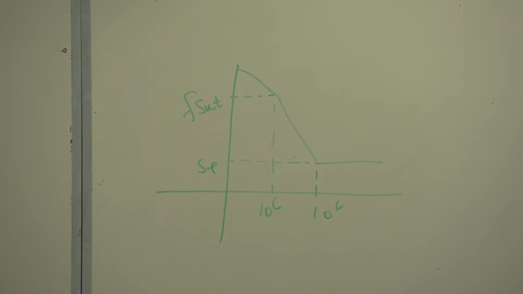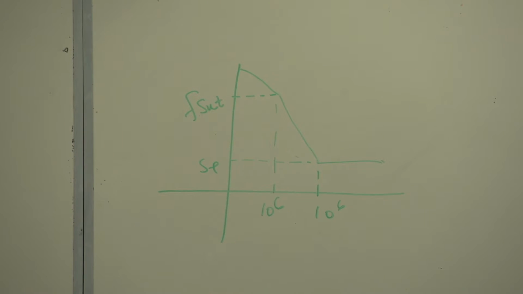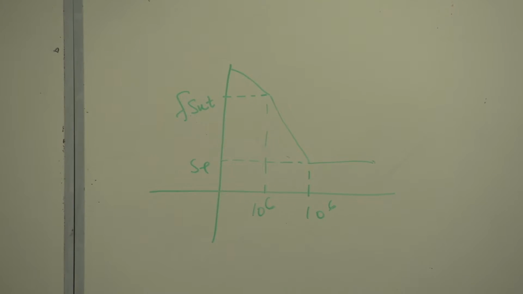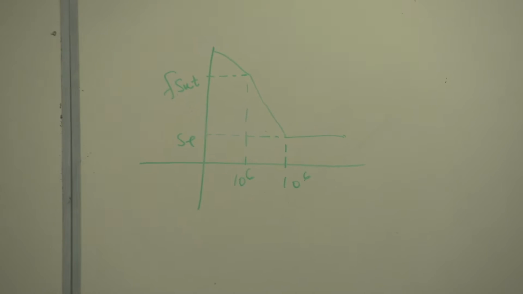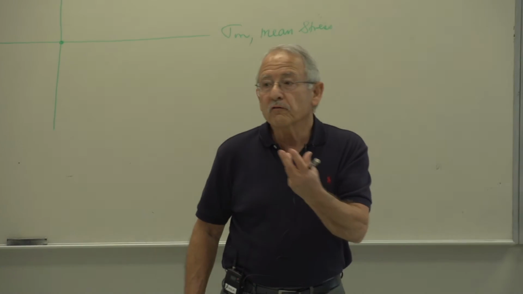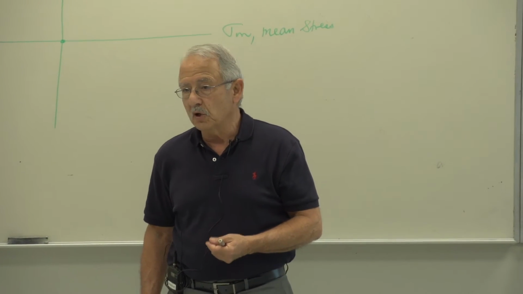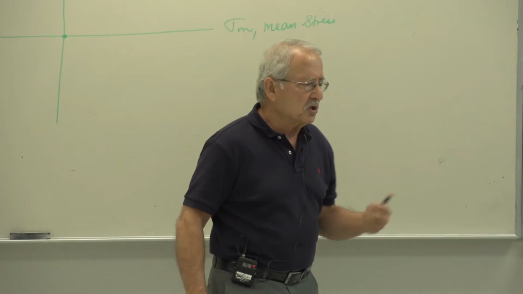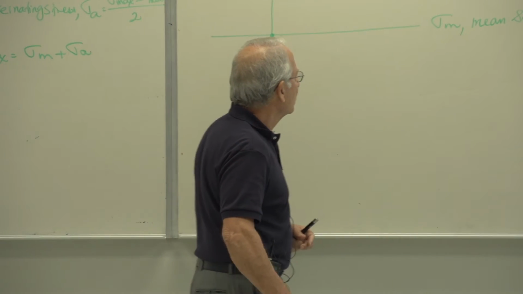The maximum value is SE or SE prime, depending on whether you want to draw it for a real part or for the rotating beam specimen. In this case, we'll just take SE, the corrected values.